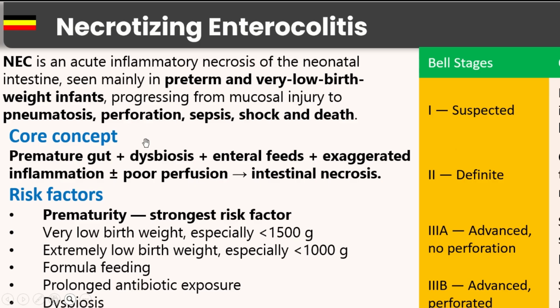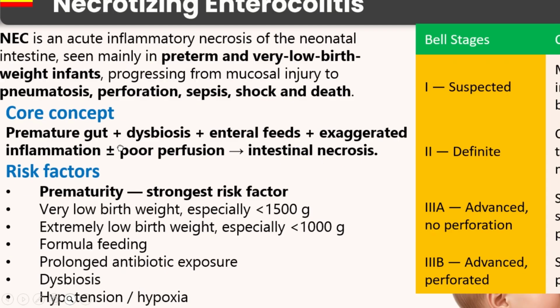We are going to have an injury that is first going to cover the most top layer of the intestines, that is the mucosa, and it is going to go ahead and penetrate into the muscles of the intestines, and if we do not check it, we shall go ahead and have a perforation, sepsis, shock, and death. And the hallmark of necrotizing enterocolitis is going to be pneumatosis, which is where we have air being seen within the wall of the intestine.